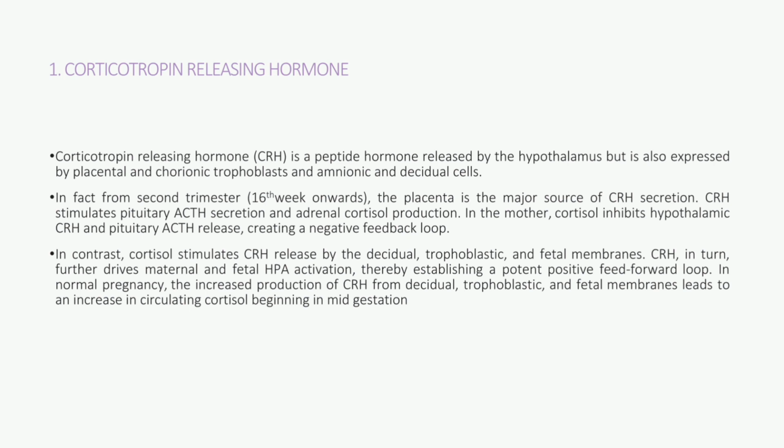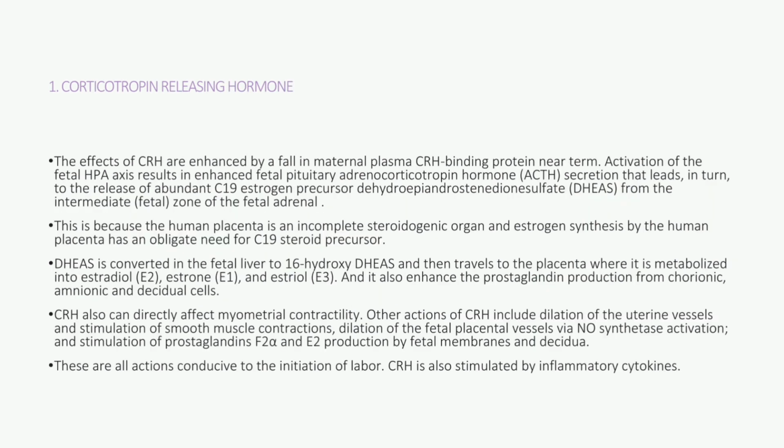And in normal pregnancy, the increased production of CRH from decidual, trophoblastic, and fetal membranes leads to an increase in circulating cortisol beginning in mid gestation. The effects of this CRH are enhanced by a fall in maternal plasma CRH binding protein near term.